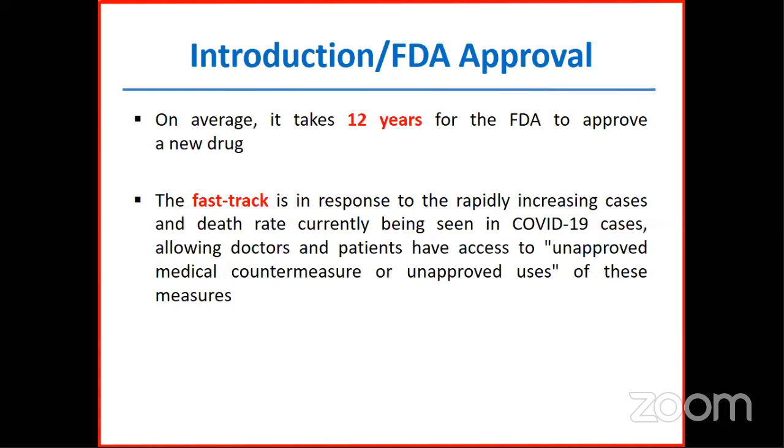But now we have something called fast track, where we give a license or approval to be used as unapproved use or unapproved medical countermeasure. So for an approved medication we need 12 years, but we may have an unapproved medication that is effective for COVID-19 within a year or a couple of years.